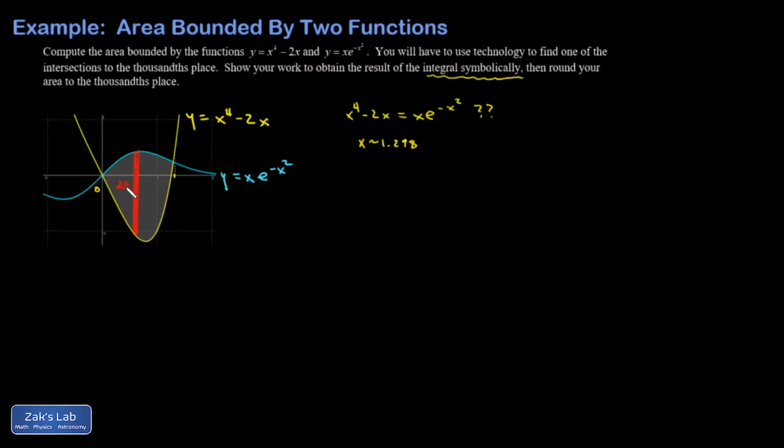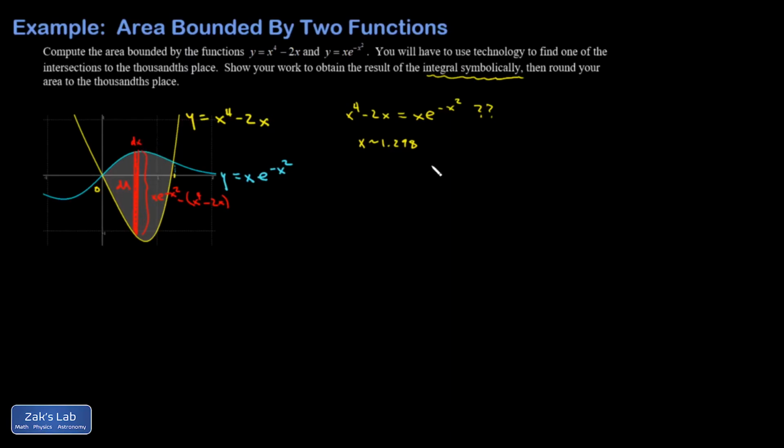And the height of this thing, so the distance from here to here, is given by the difference in y coordinates, starting with the one that's highest up. So that's the exponential curve. So I have a height of x e to the negative x squared minus the quantity x to the fourth minus 2x. And then my width for my little rectangle is a little dx.